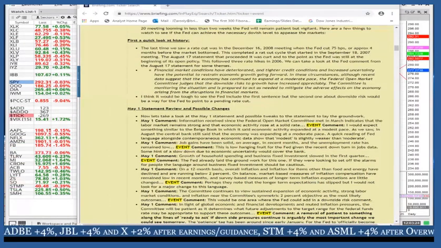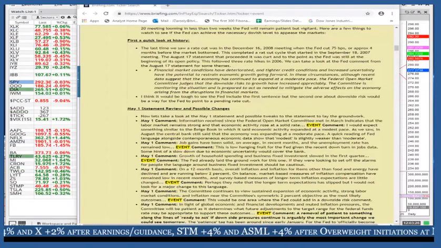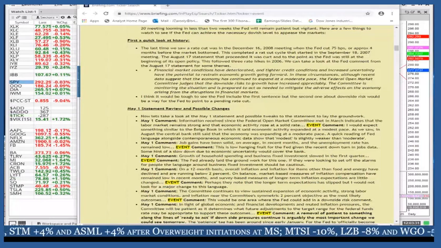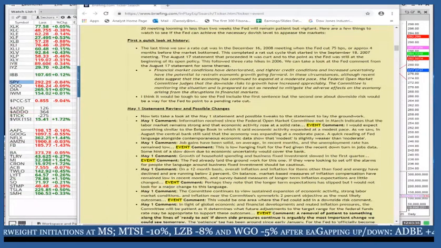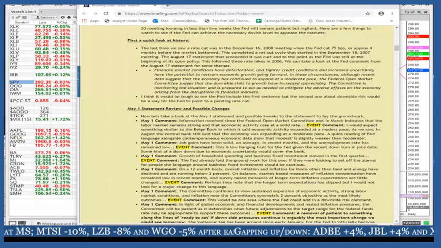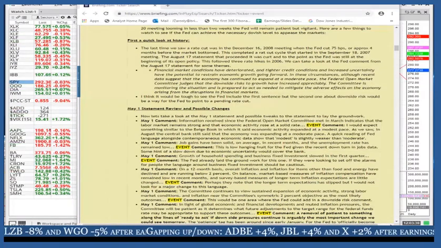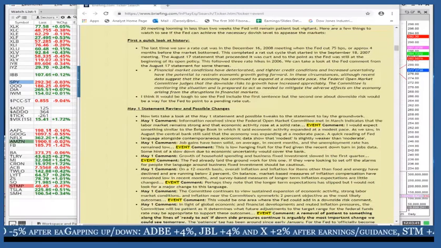This was back in August of 2007, right before Lehman, of course, and it laid out that the Fed could cut because of different conditions, despite the economy performing well.